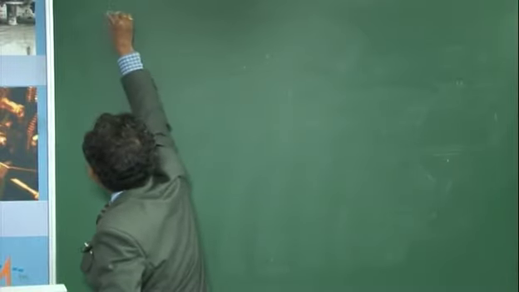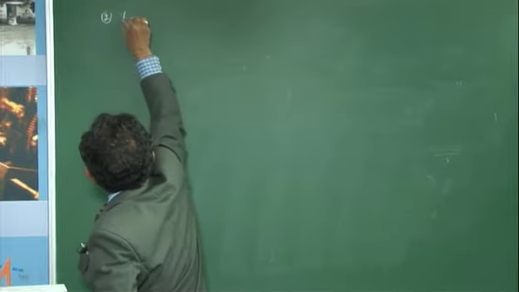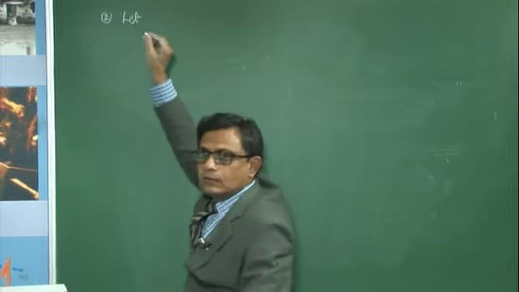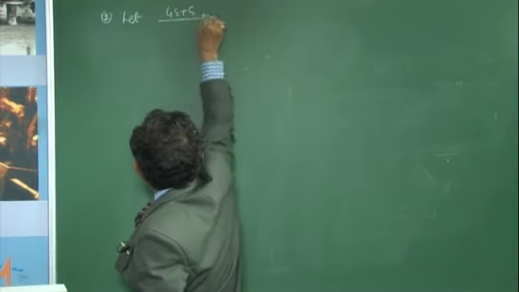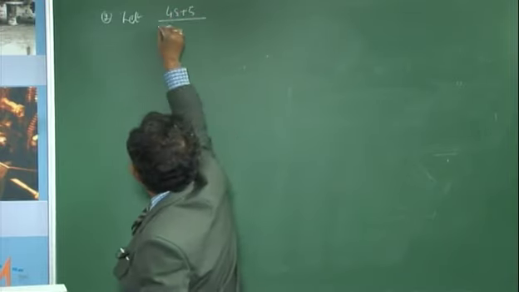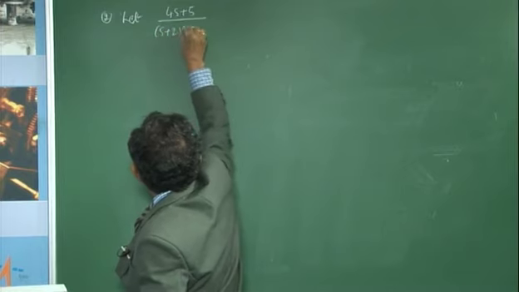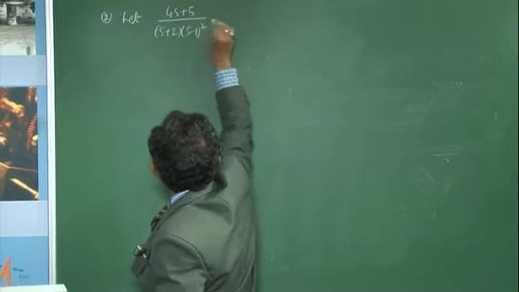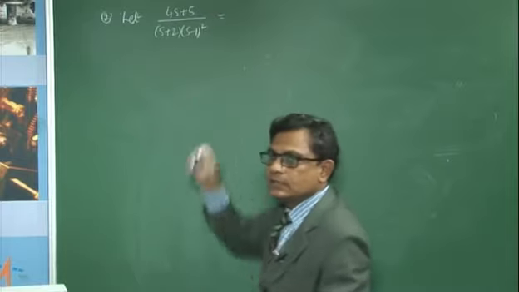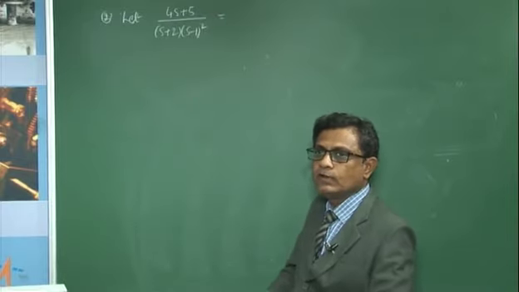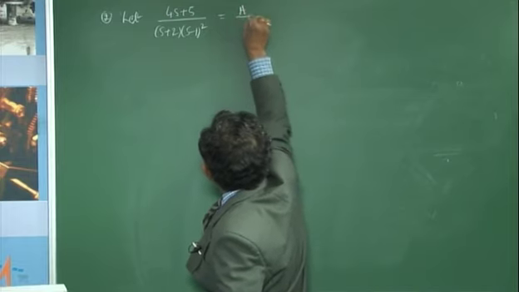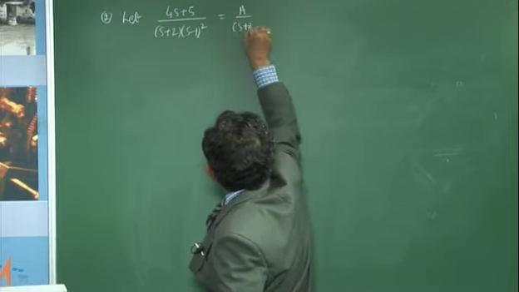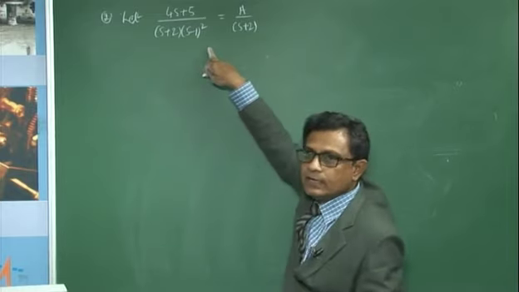Let (4s + 5) divided by (s + 2)(s − 1)². Here the denominator is a product of linear factors: s + 2, giving A divided by (s + 2). The second one is a repeated linear factor.